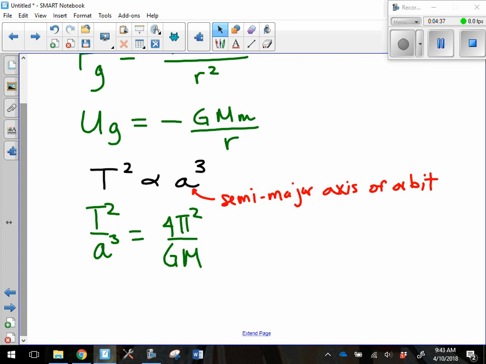And what is the length of the semi-major axis for the Earth's orbit? 1 AU, 1 astronomical unit, so that this is equal to 1. That's what we do. We use funky units so that we can make things be equal to 1. Because really everything in astronomy is an estimation anyway, because things are too far away.